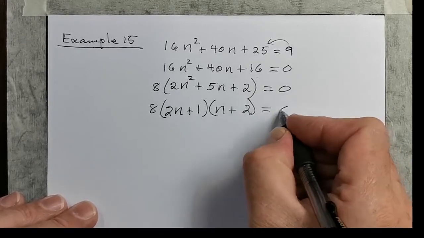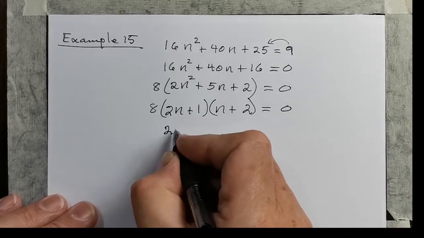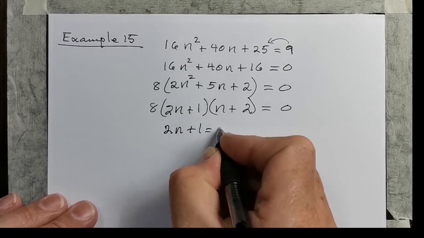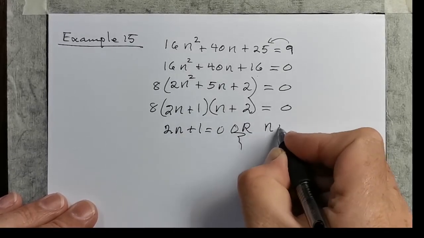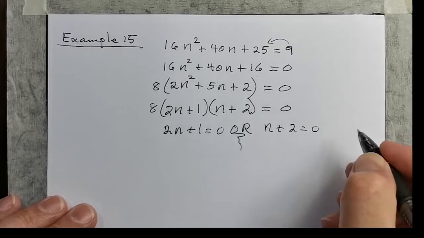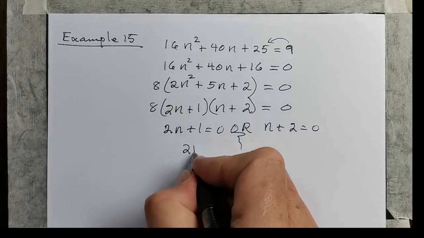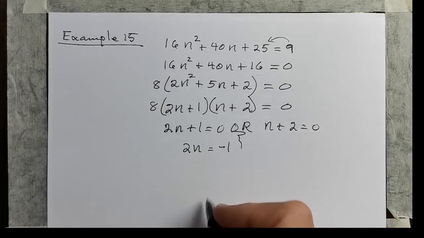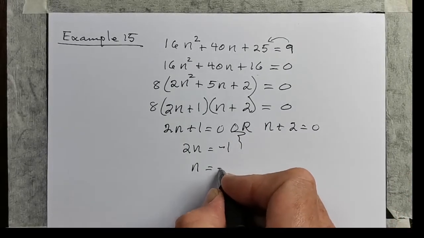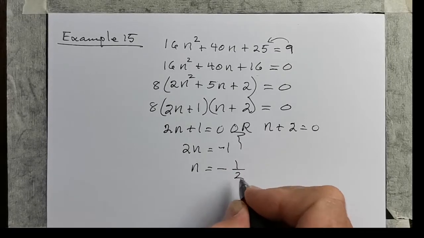So this equals 0. So 2n plus 1 equals 0, or n plus 2 equals 0. In the first case, 2n equals negative 1, or n is equal to negative 1/2.